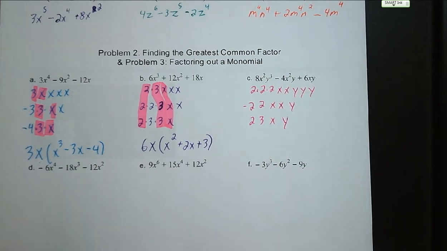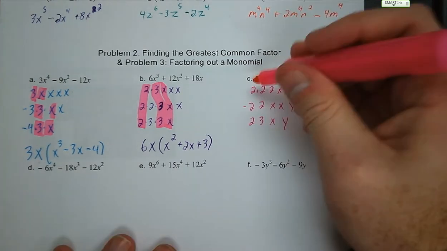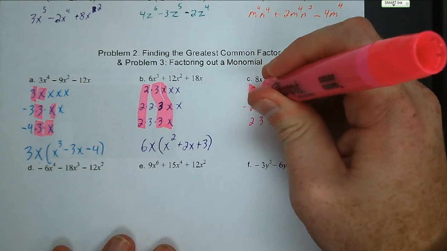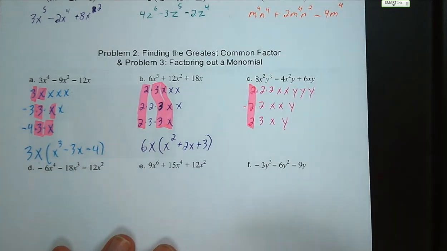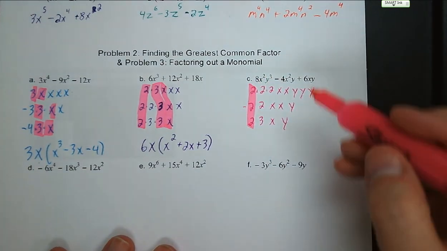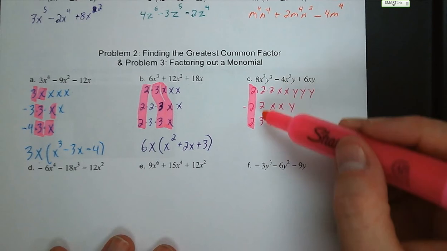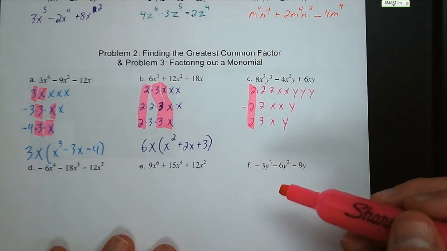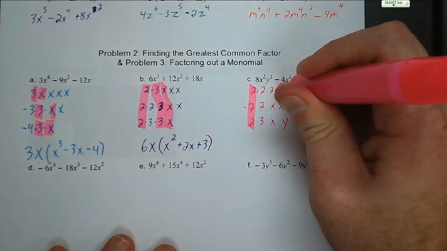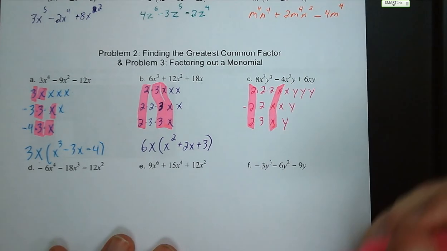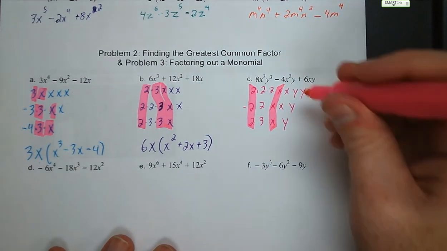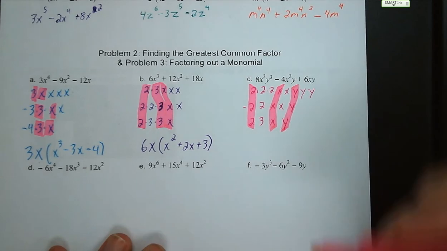So again, I'm going to look for what do I have that's overlapping. Well, I have a 2 in each of my terms. I have 2's up here, 2 there, but I have a 3 down here, so those aren't common. I have an x in all of my terms, and I have a y in all of my terms.